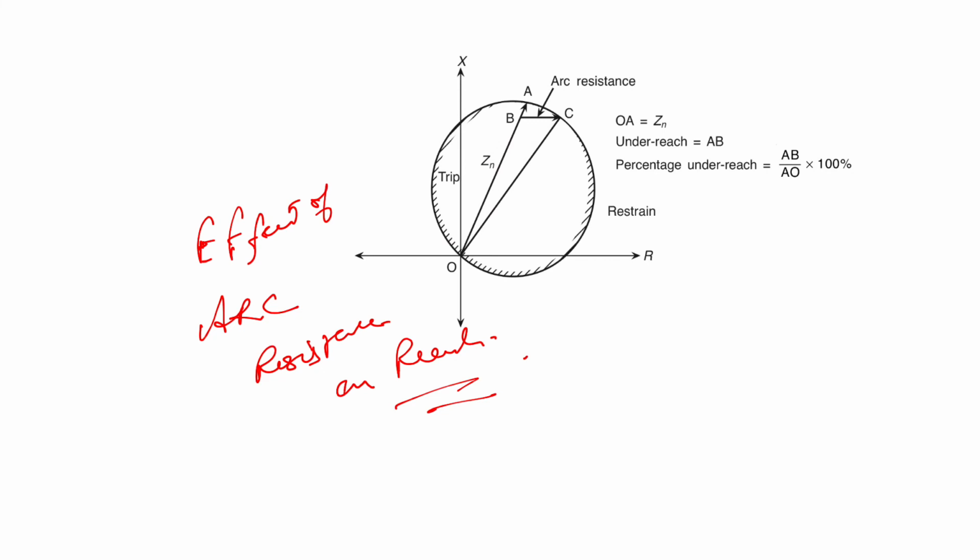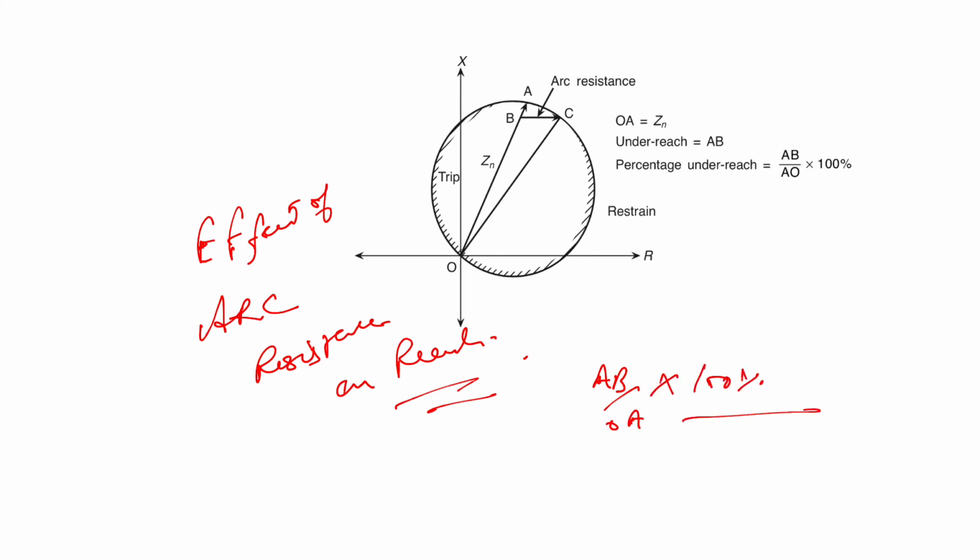So the absolute under reach in this case is AB, and the percentage under reach, as we have discussed previously for the simple impedance relay, is AB divided by OA into 100%.